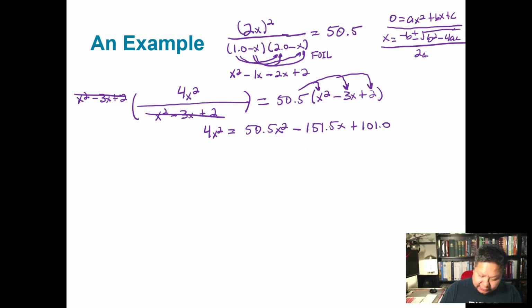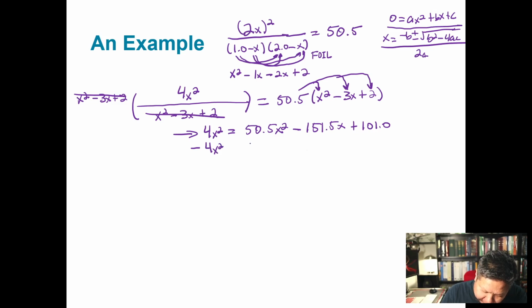All right. It's looking a lot more like the quadratic form that we need for the quadratic formula, right? Very much so. So how do we get it there? There's one more step now, and we'll get it to the correct form. And that step is getting this 4x squared to become a 0. How do we do that? Subtract 4x squared from both sides.